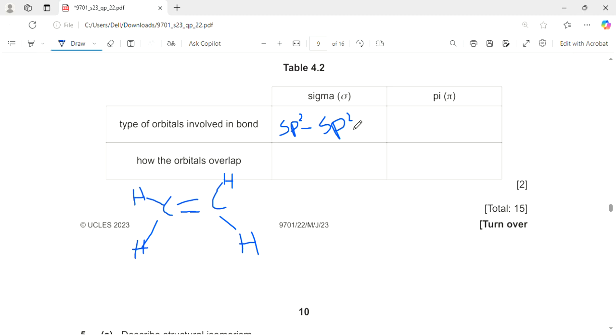And what about how the orbitals overlap? We know it is a direct overlap for the sigma bond.